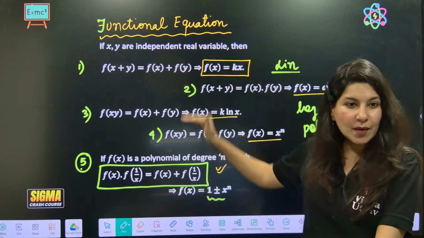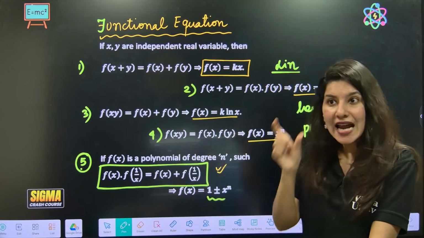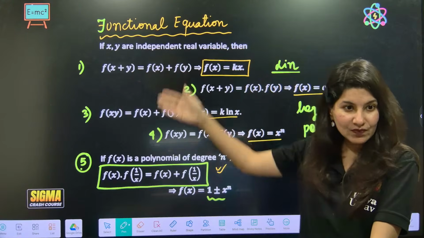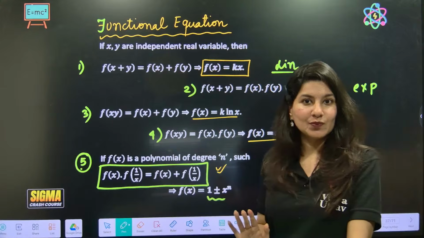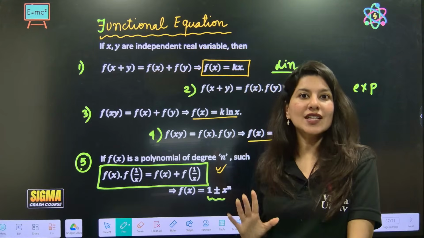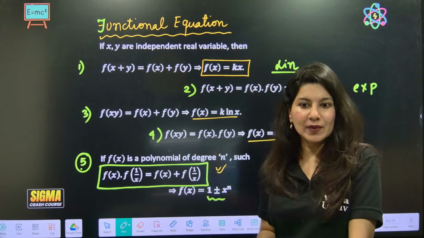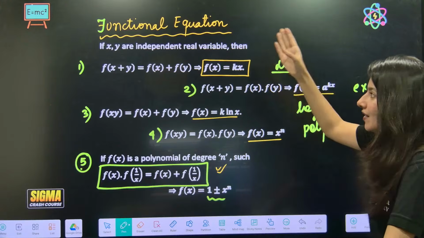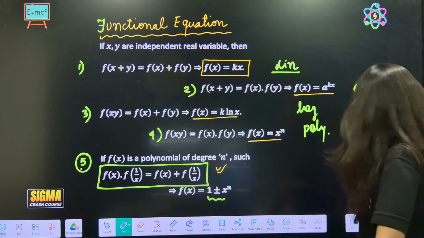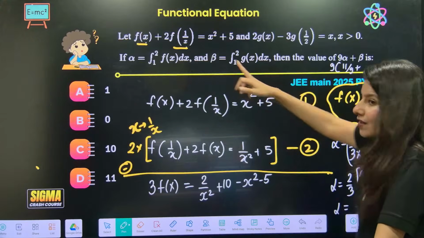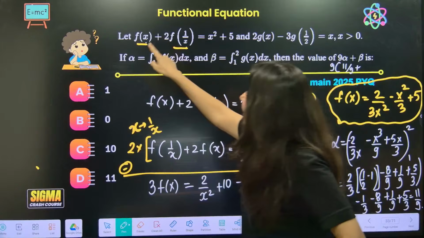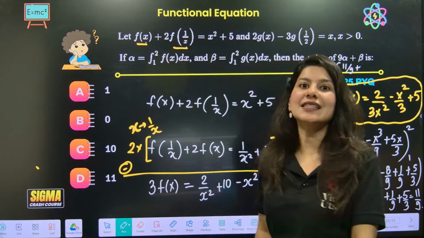So category number 1, that a standard functional equation from this list is given to you. Then you have to go with the remembering thing. You don't have to apply your brains. But if your equation is not matching, just like this, can you see this question is having its own equation? But here what is happening? f(x) and f of 1 by x is there.